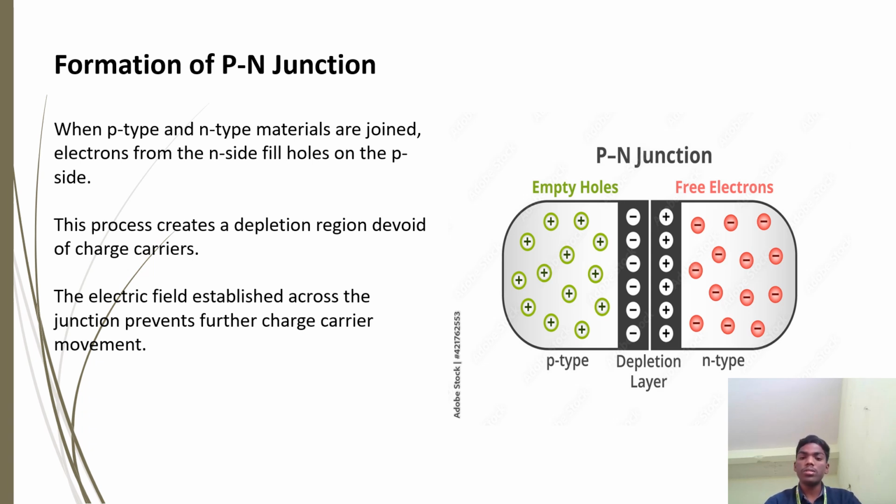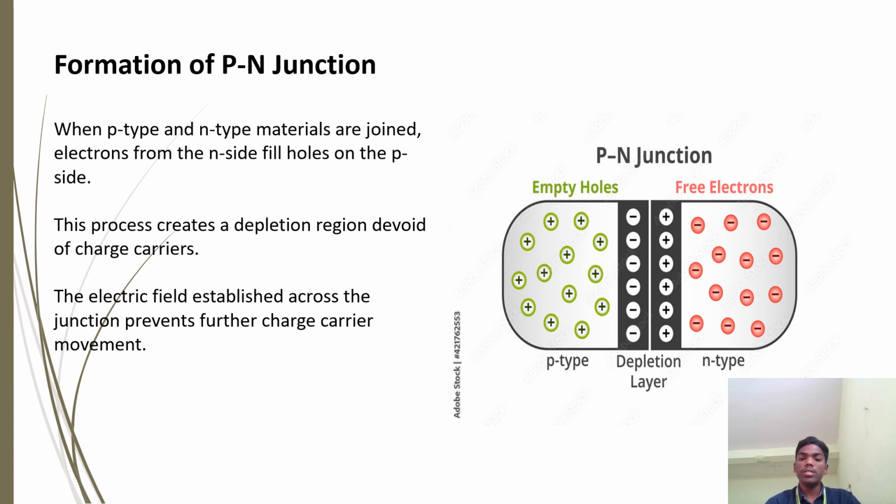Due to a deficiency of charge carriers, a positive charge will be developed across the junction on the N side, and due to gaining the electrons in the P-type material, a negative charge will be developed across the junction. This creates an electric field across this depletion layer.